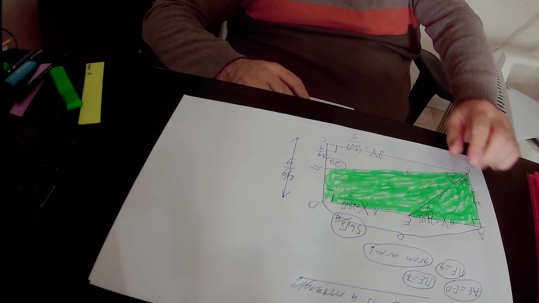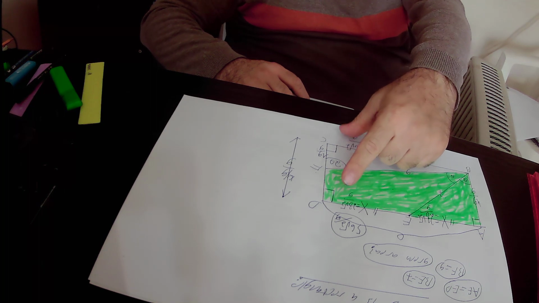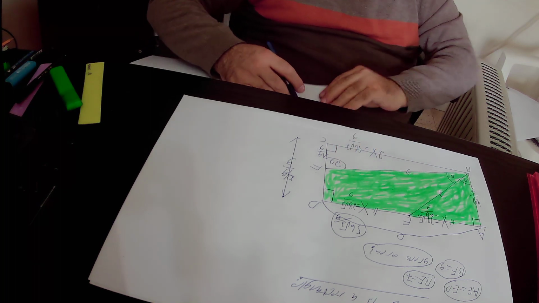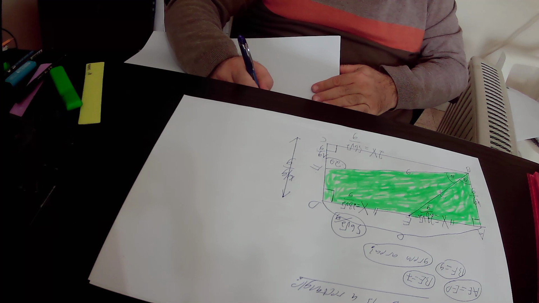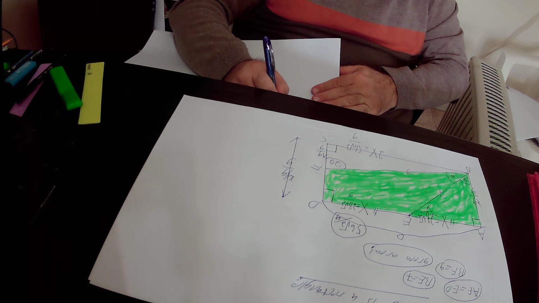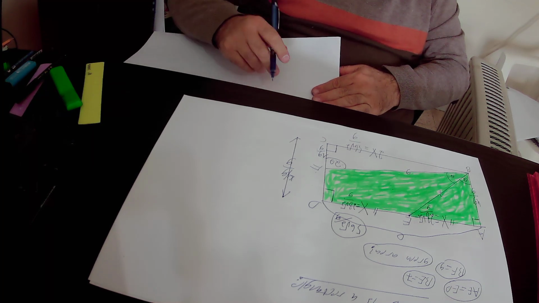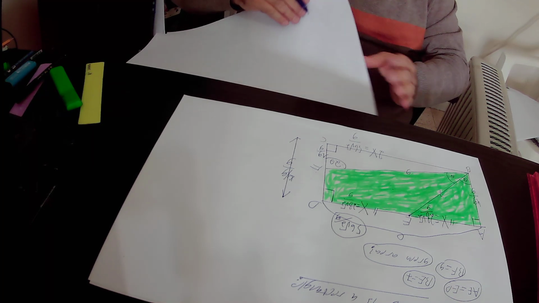What is the value of DF? DF equals DC minus FC. I'll repeat again.